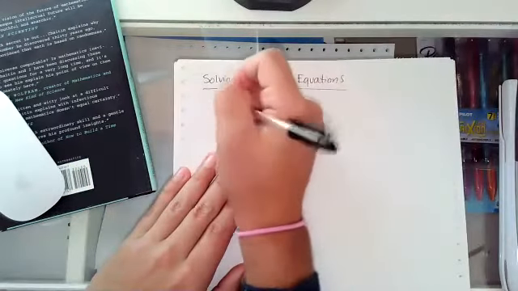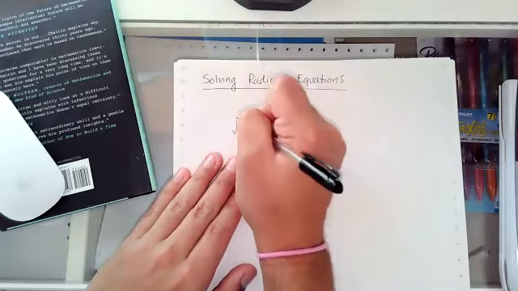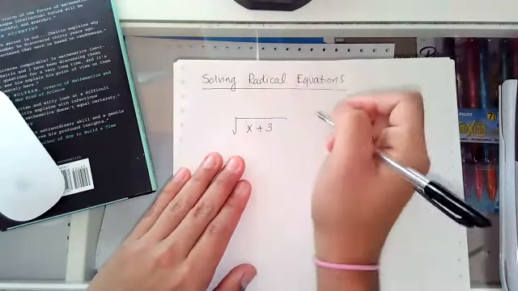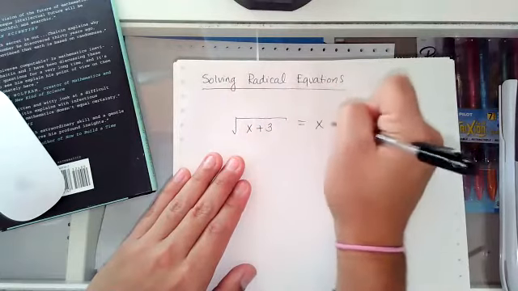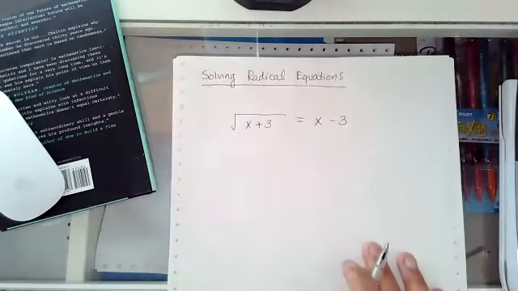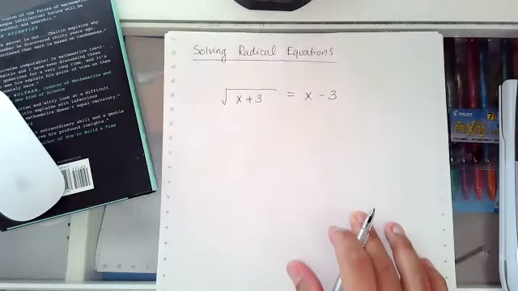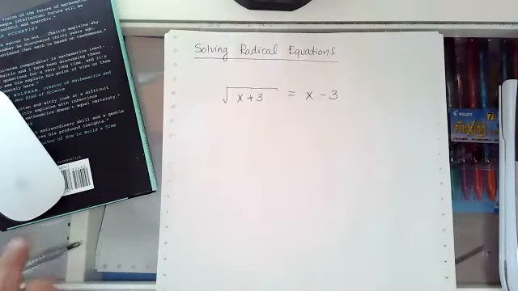Okay, so we're given an equation that looks something like this. The square root of x plus 3 is equal to x minus 3. And the idea here is that we need to isolate the x somehow.